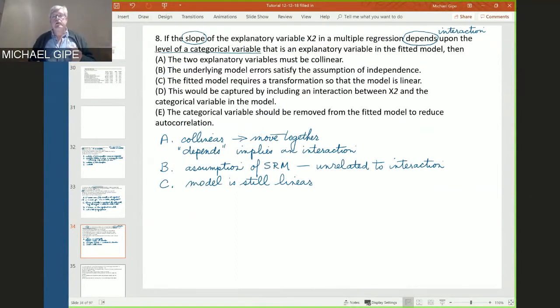But the effect here of a categorical is not to make it nonlinear, but to shift the linear model in some way, either in a parallel way with an intercept categorical, or rotating the line with an interaction term. So the model is still linear. It's just changing the slope.